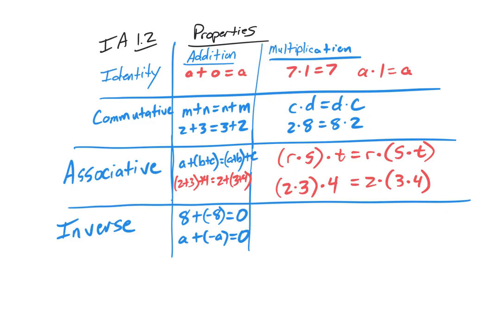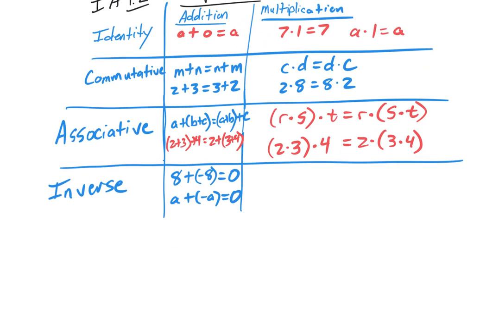For multiplication, it's a little tricky. If I set it up the same way, so if I started with a number like 6, I think that's a little bit harder to come up with.